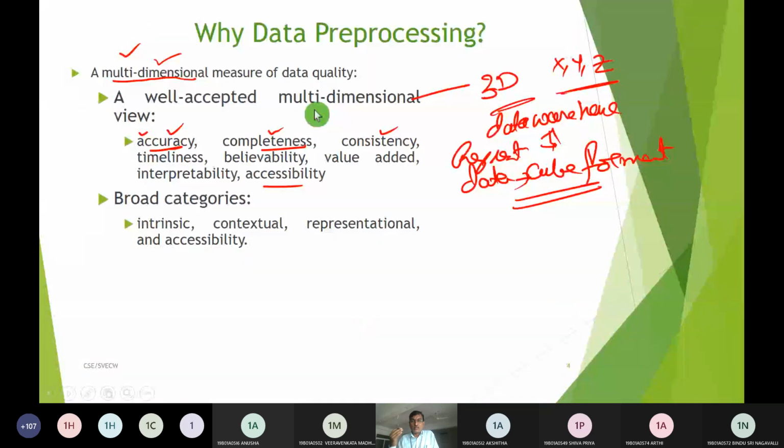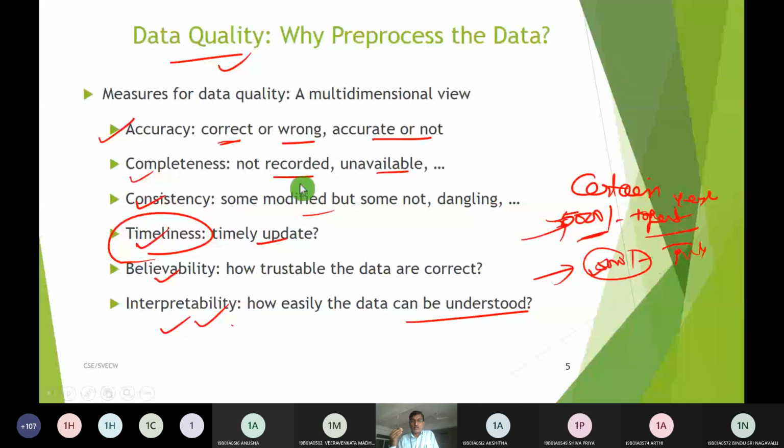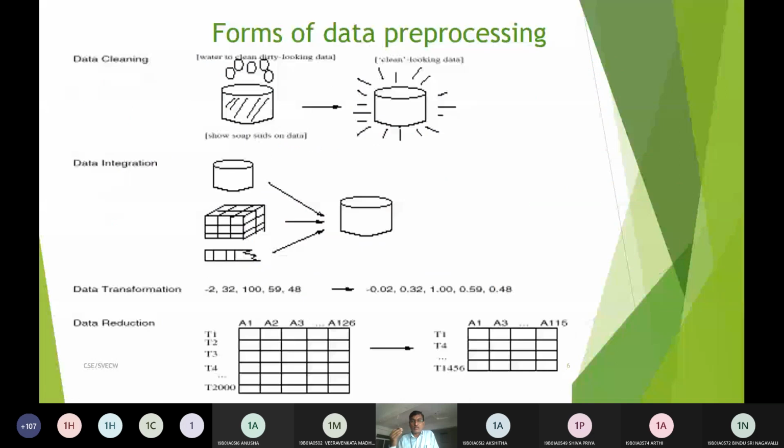Next comes an interesting topic, the forms of data pre-processing. Here you will understand the different forms. One is data cleaning. You can understand a silly example here: there was a box that was impure and dirty, and it was cleaned with some soap and soda.